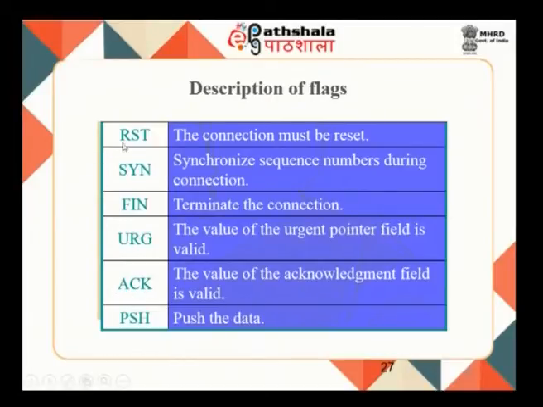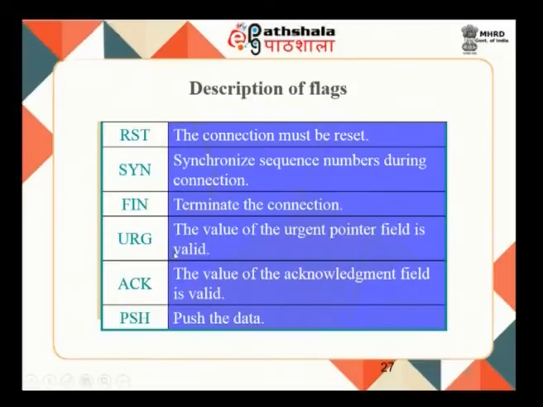Other than this, we have these 3 different flags. One is reset, which indicates that the connection must be reset. This means that irrespective of whatever is happening, just throw out everything and reset the entire connection. Urgent is a very special flag which is used whenever you are sending some urgent data along with the regular data. It is almost like saying you have an urgent mode where some express data can be sent along with the regular data.